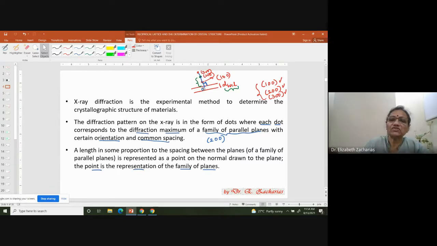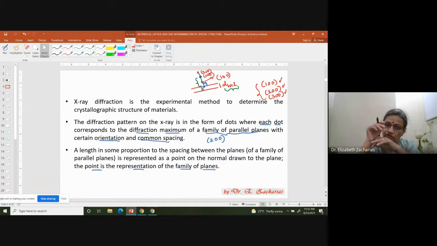So are you able to understand that the logic here is that the larger the d value, the closer it will be to the origin on the normal? This is fine. So I can get a number of such dots on a straight line representing a series of families which are parallel.